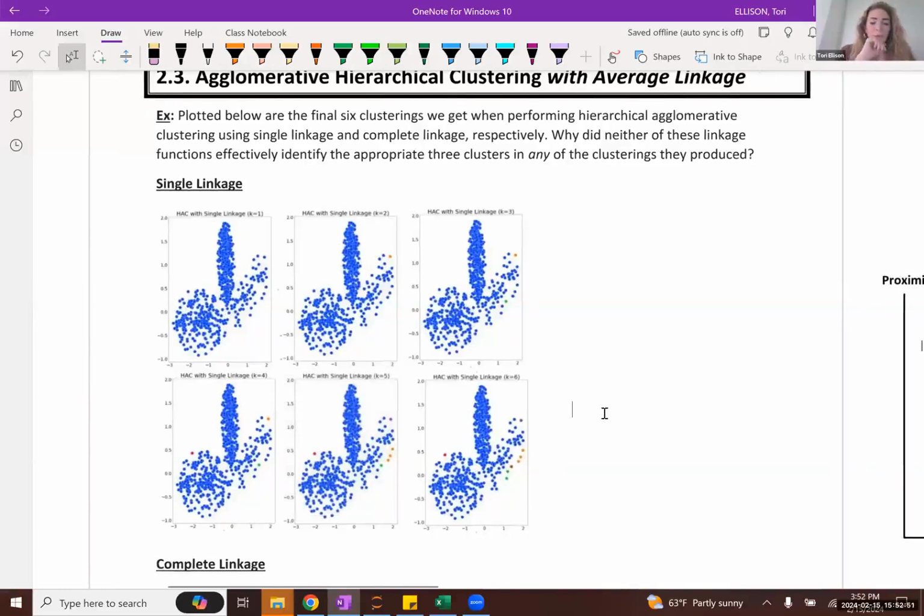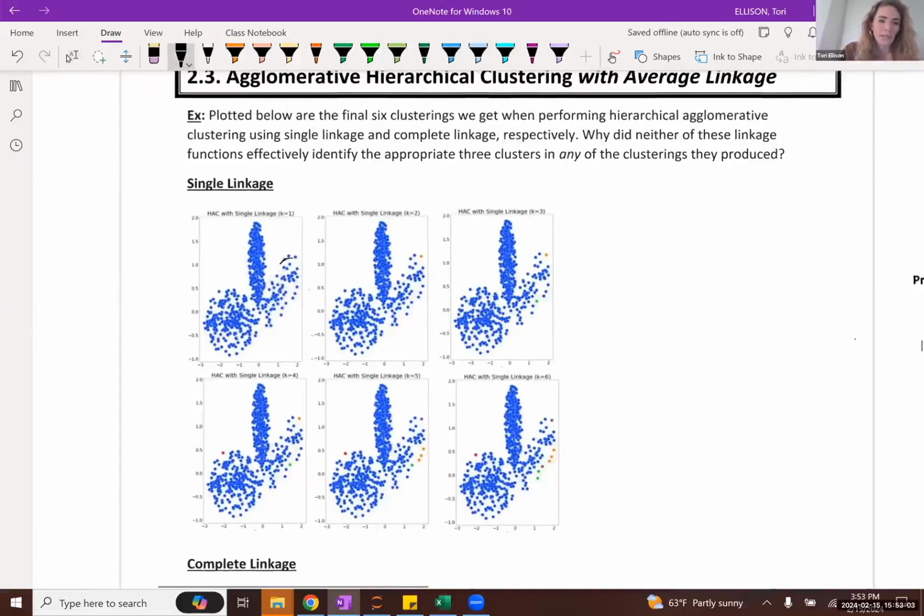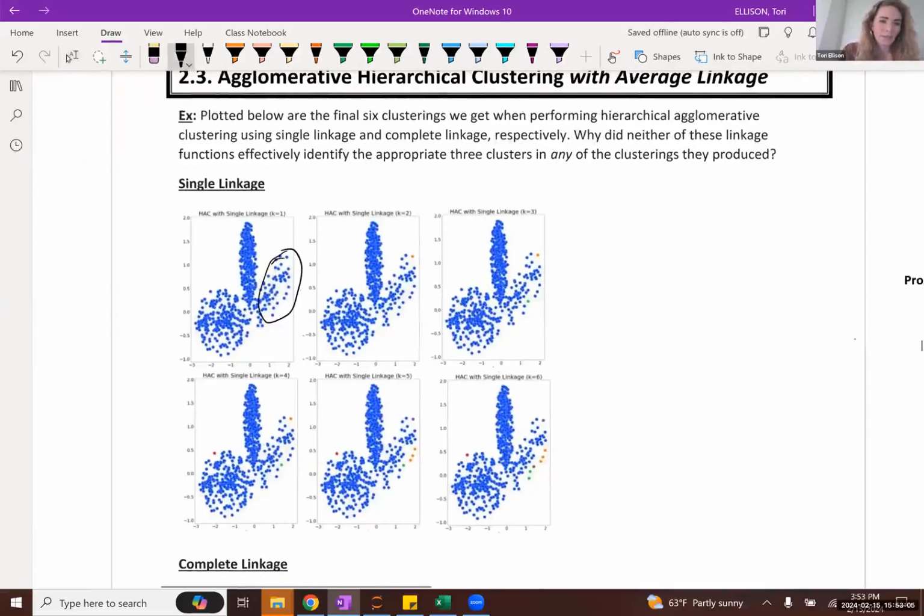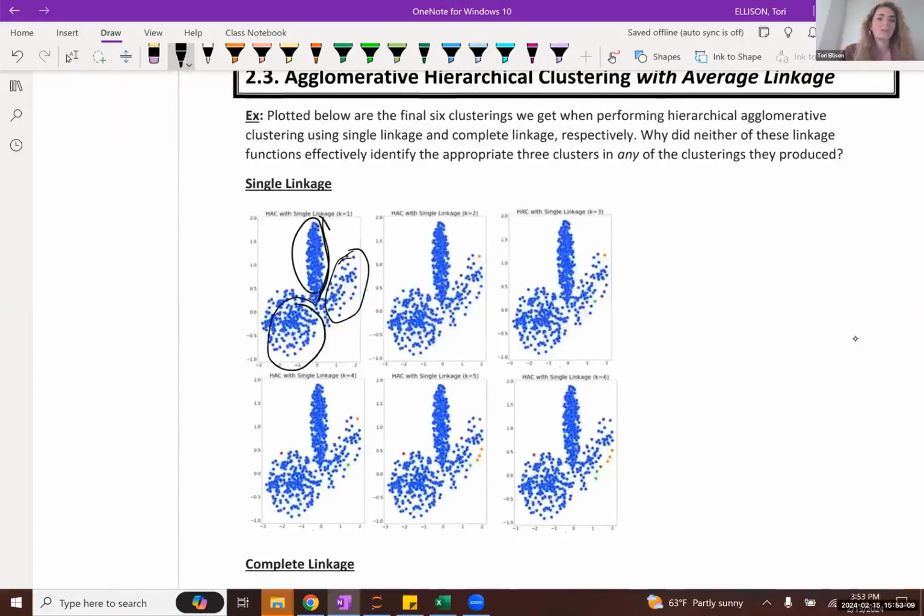So why do we think that single linkage was not able to effectively identify these 3 clusters here? Basically, why was single linkage not ever able to produce a clustering where this was all together, this was all together, and this was all together? So what's the issue with this data set?